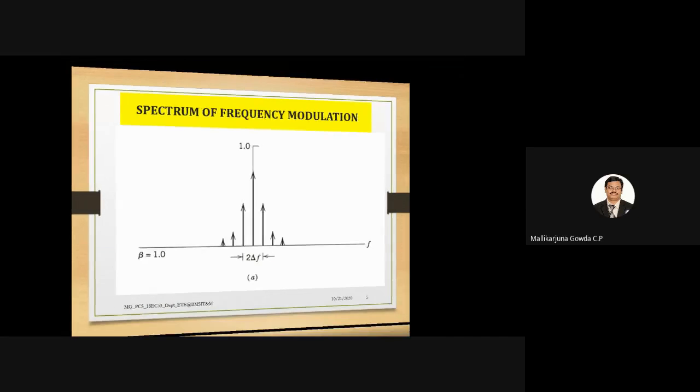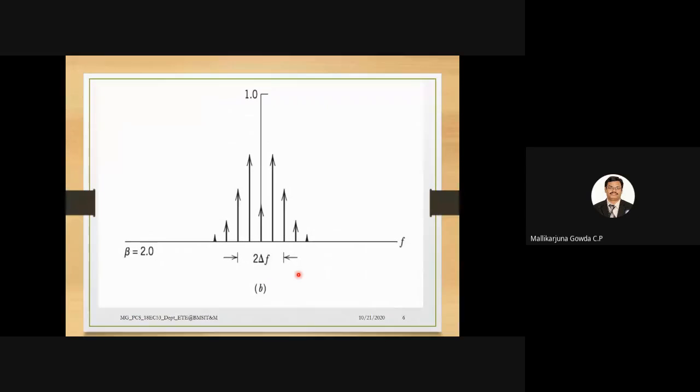So when the value of beta is 2, for determining that deviation, how many sidebands have you considered? 2 pairs, sir. How many can you count now from here? 1, 2, 3, 4, 5. 5 side frequencies you have considered, right?